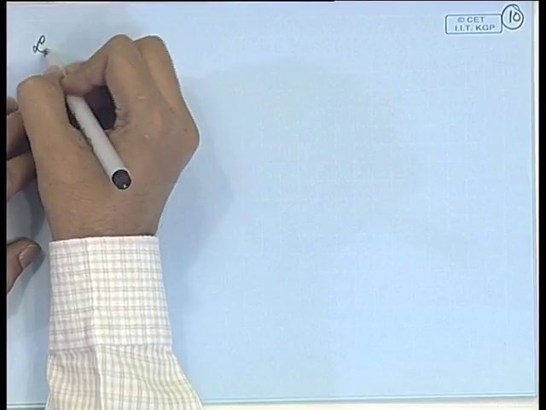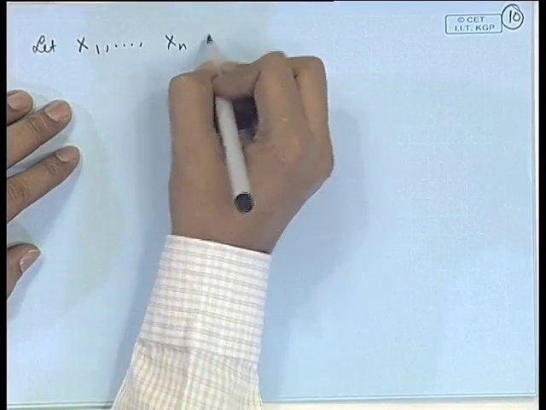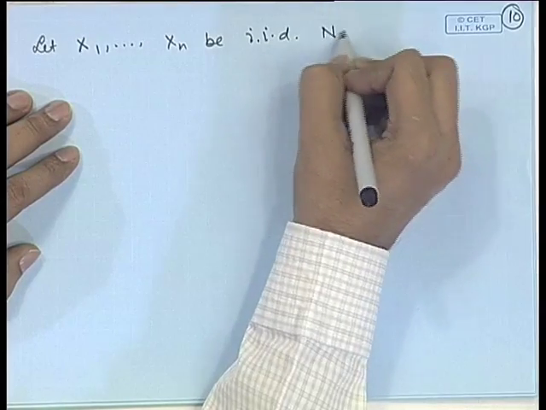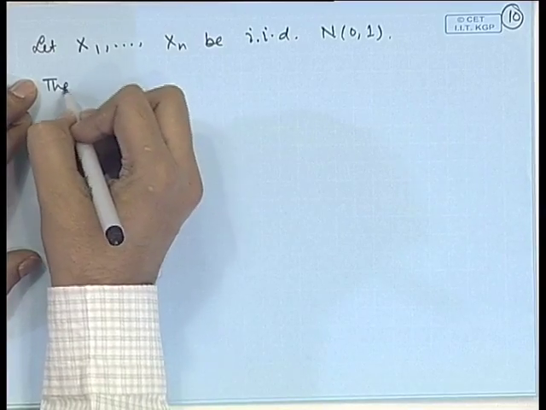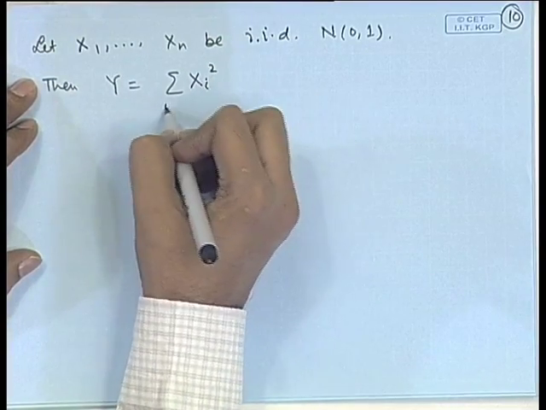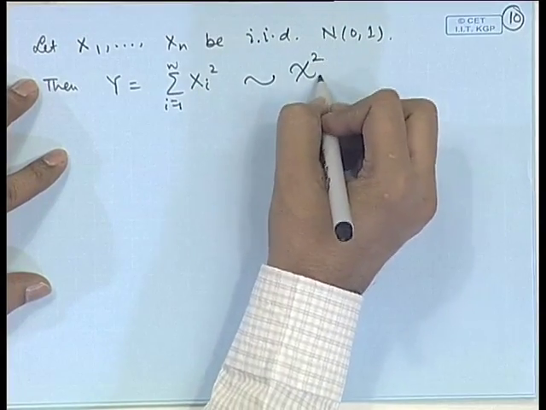So, let us consider say X1, X2, ..., Xn independent and identically distributed standard normal random variables. Then Y equal to sigma Xi square, i equal to 1 to n, will follow chi square n.